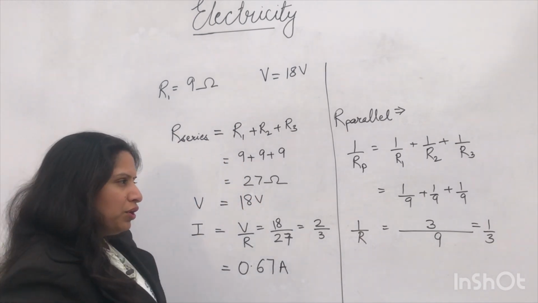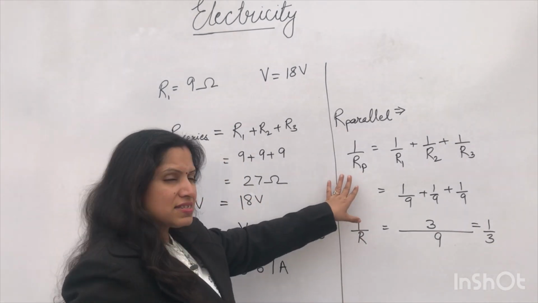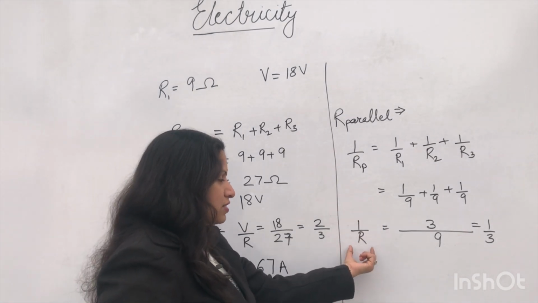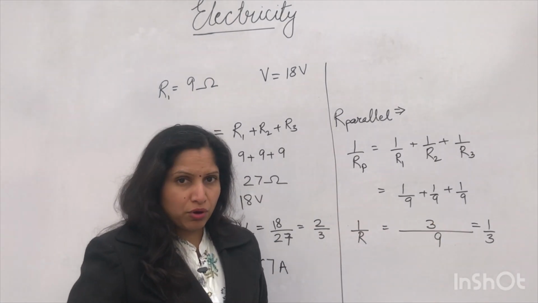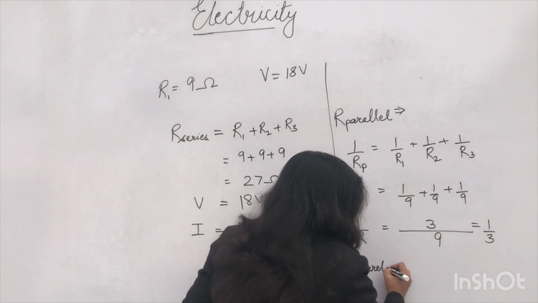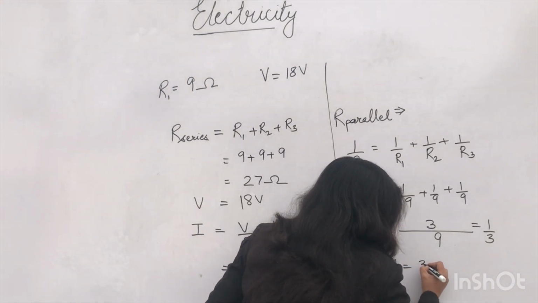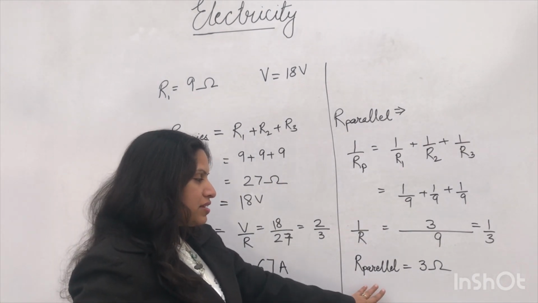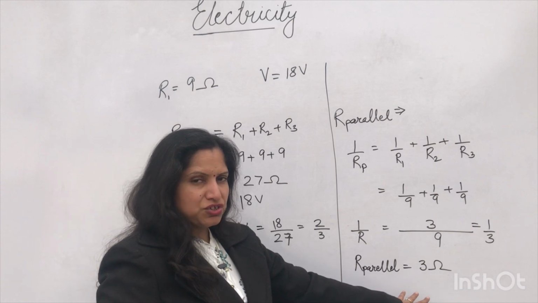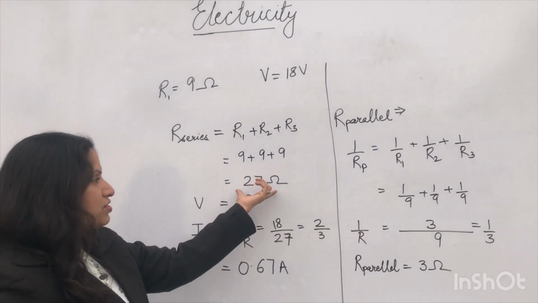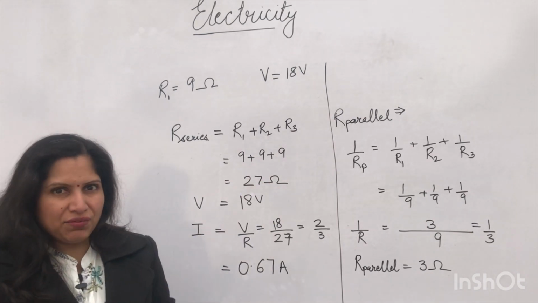Whenever you are doing numericals based on resistance in parallel, just remember that you write 1 upon R is equal to 1 upon 3, and then the resistance in parallel combination is equal to 3 ohm. Reciprocate both of them. So the total resistance of this parallel combination comes out to be just 3 ohms, whereas in series combination, the total resistance was coming out to be 27 ohm.